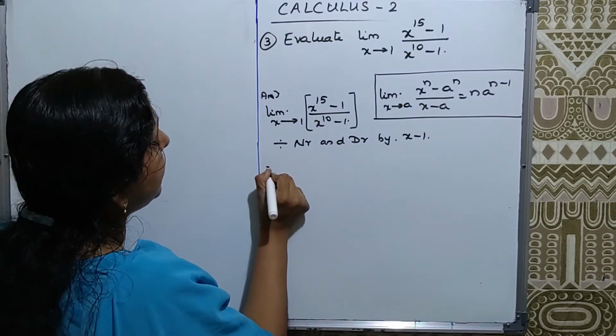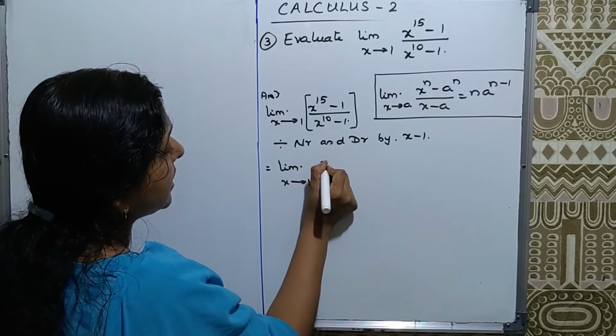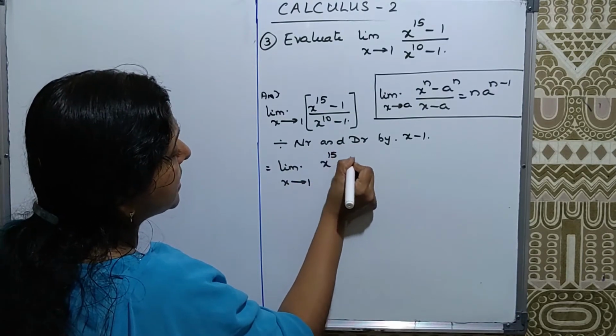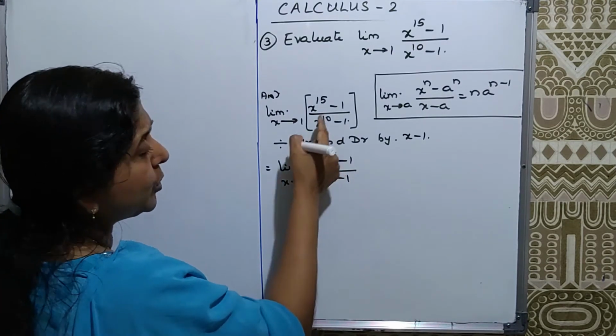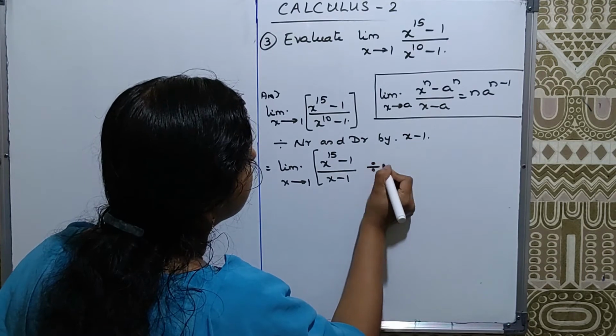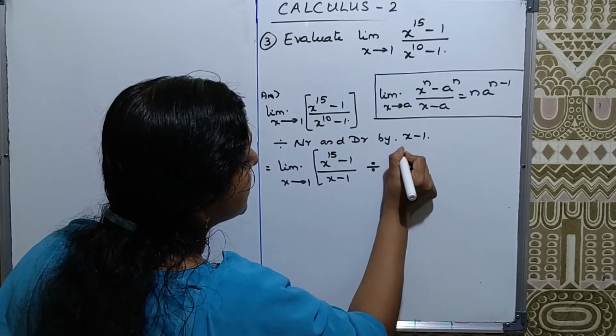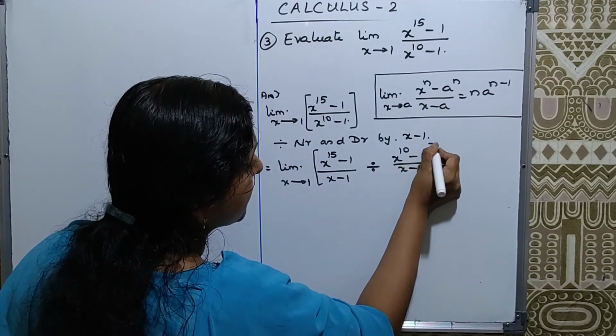So here it will be limit x tends to 1, x raised to 15 minus 1 by x minus 1. Numerator we divided with x minus 1. Now we'll divide the denominator with x minus 1: x raised to 10 minus 1 divided by x minus 1.